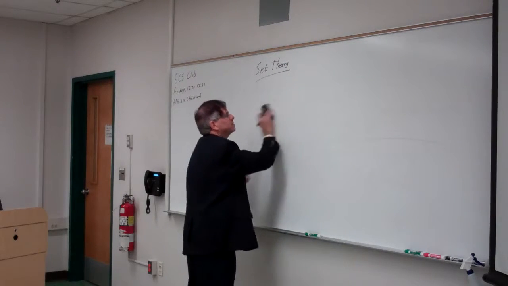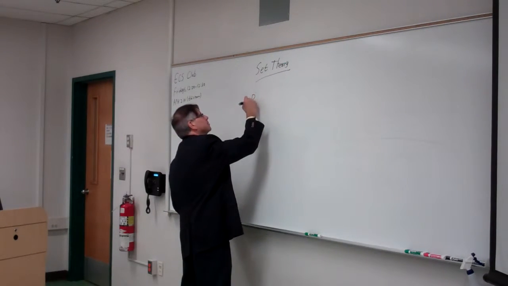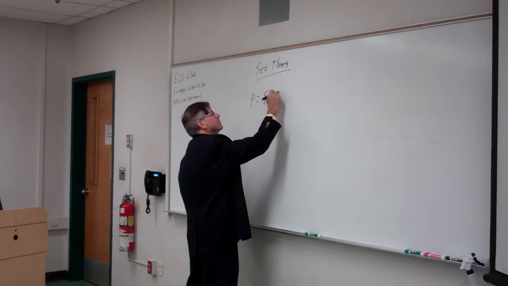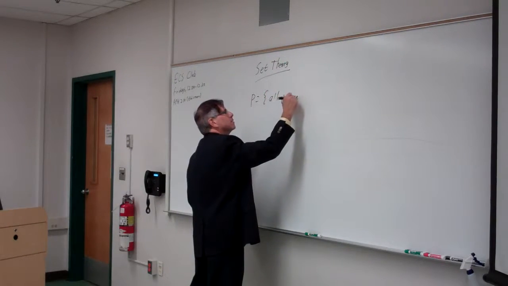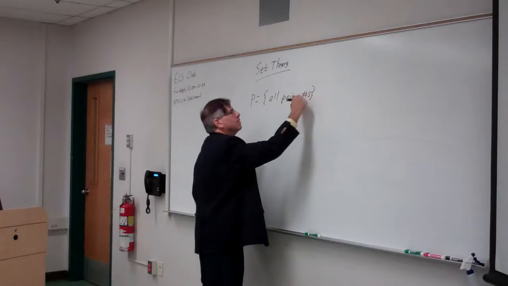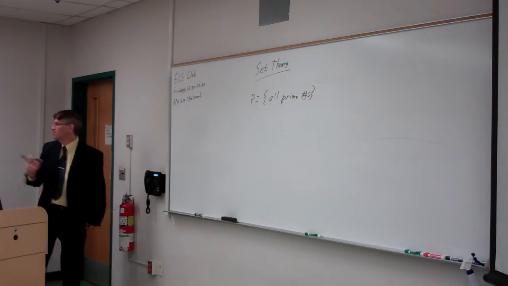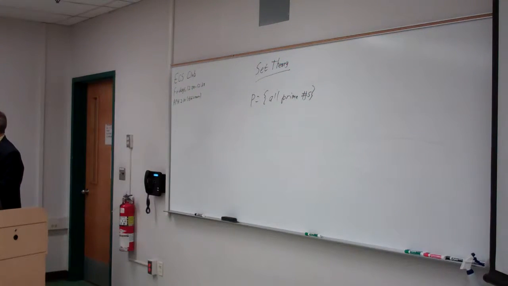So for example, I could say P equals the set of all prime numbers. But that's too much English. Wouldn't a set have a finite number of numbers? No, sets can be infinite. Can be infinite? Yeah, so the set of all integers is a set.